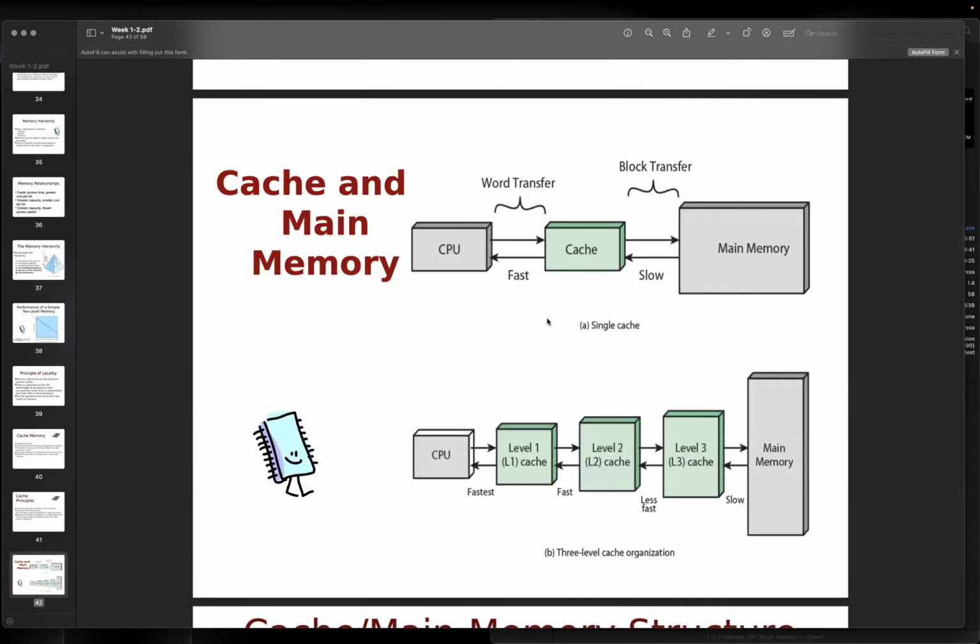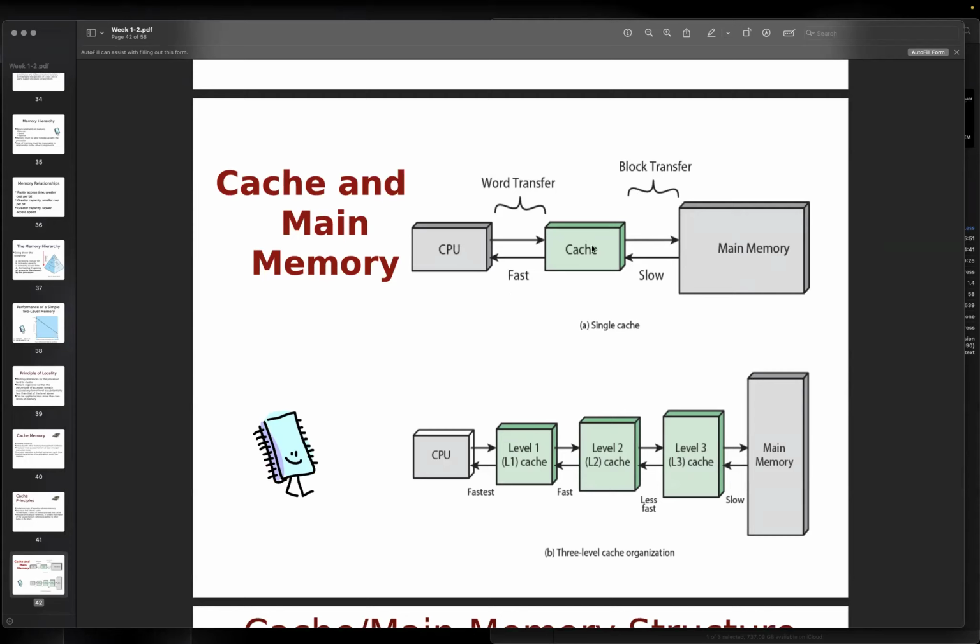Then right here I'm giving a graph showing the main memory, which is the RAM. If we have a single cache, loading is pretty slow, so we transfer it in a block and save it in the cache. When the CPU needs to load an instruction, we first search in the cache.